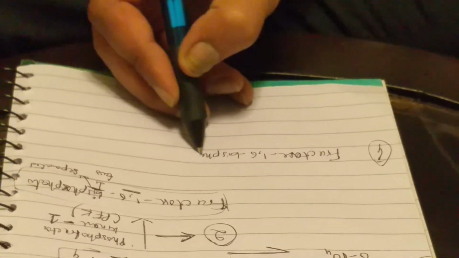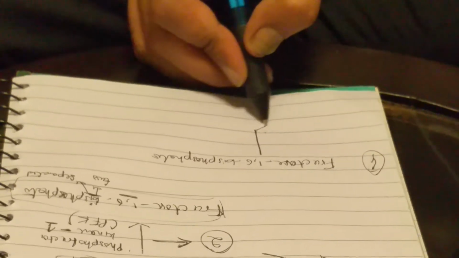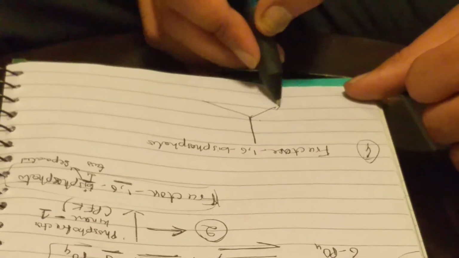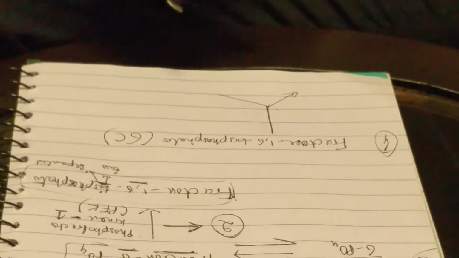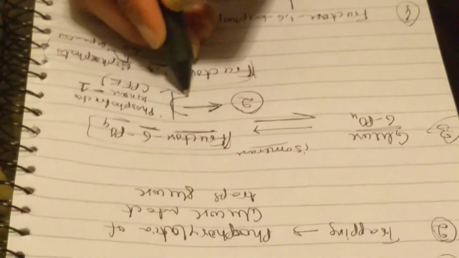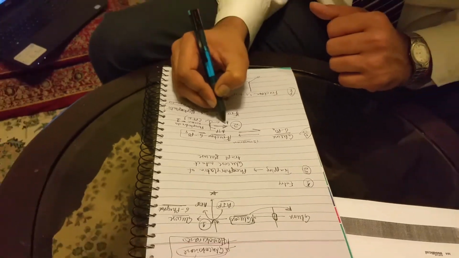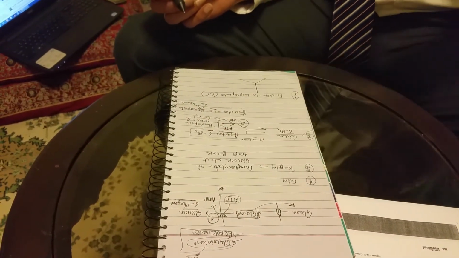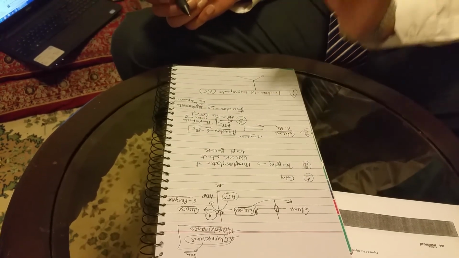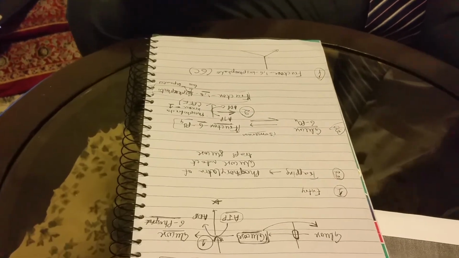Oh, I forgot to mention one thing: since this is a phosphorylation, another ATP must be used here, and that ATP will be converted into ADP. This is the second irreversible step, and it requires ATP.